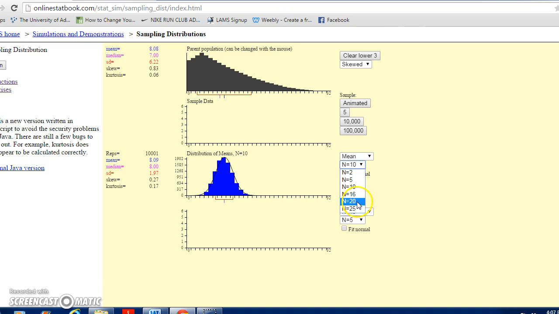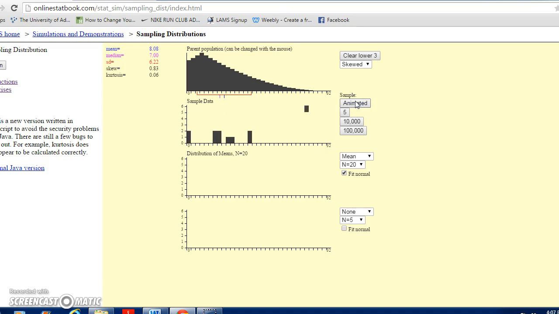And then if we go up to a sample size of 20, so taking 20 different measurements, finding the mean of that sample of 20, repeating that for 10,000 different samples, we get something that again fits nicely to a normal distribution.